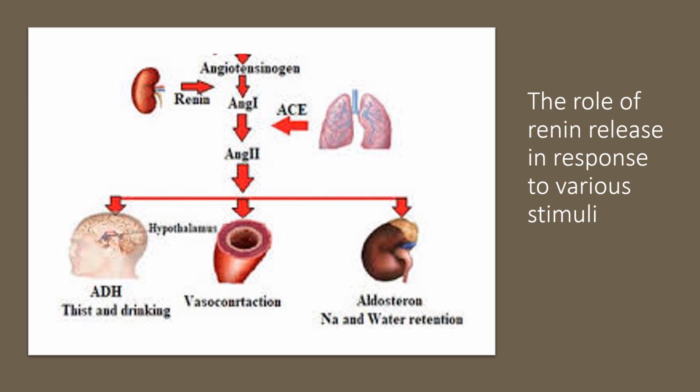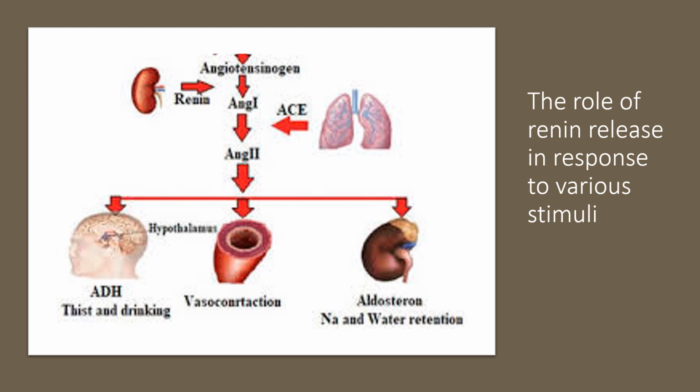Additionally, angiotensin 2 constricts arterioles throughout the body, leading to an increased resistance to blood flow and further elevating blood pressure.